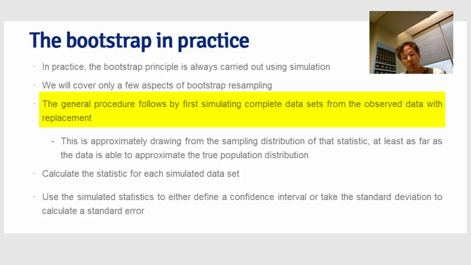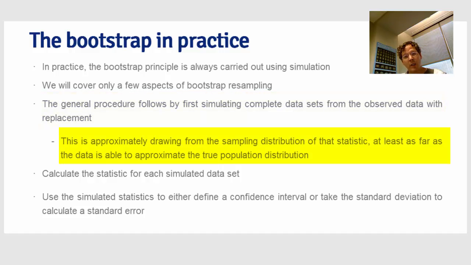What you do is you take your observed data and you simulate complete data sets by drawing from the observed data with replacement. And for each of the simulated data sets you calculate the statistic of interest.